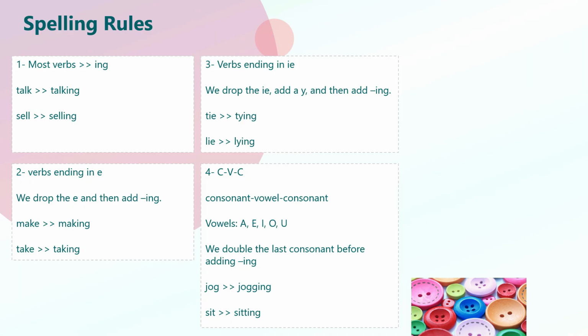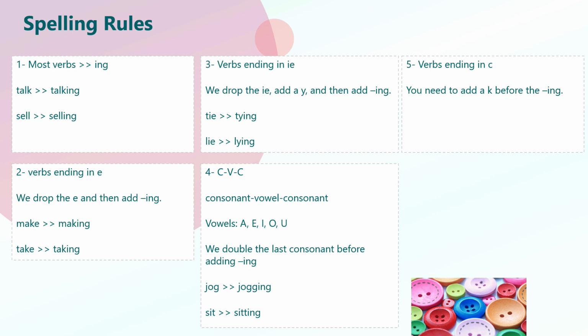Finally, when you form the ing form of a verb that ends in C, you need to add a K before the ing. This is because in English, a word cannot end with a C followed directly by ing. Steps to follow.